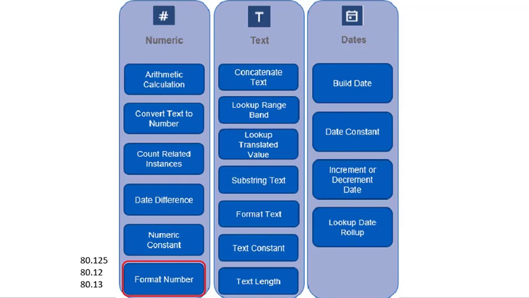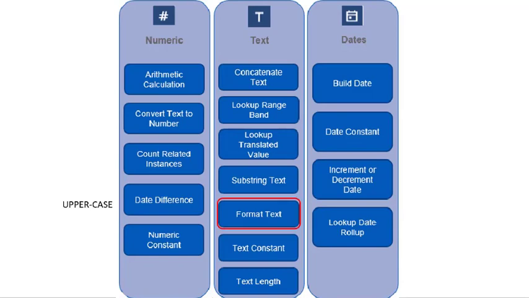The point is you might need to format the value to 2 places. So that's what format number does. We could remove that from the list. Next up, we see you could format text. For example, text could be all uppercase or all lowercase, or something called proper case, also known as camel case.